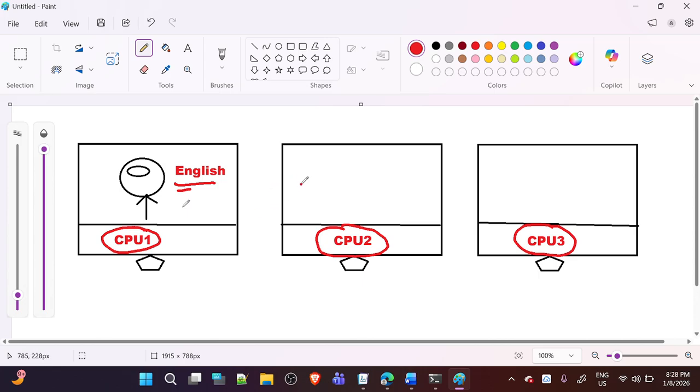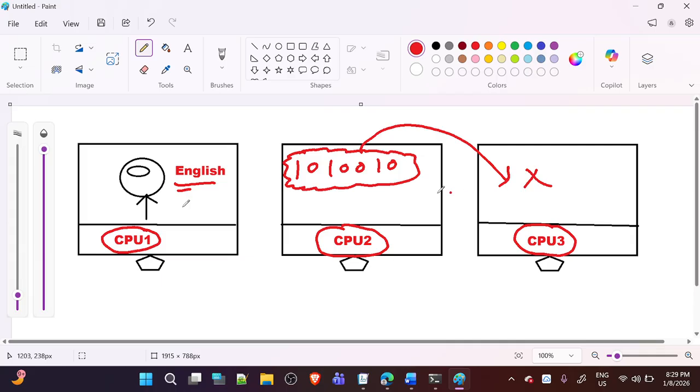So we are talking about machine language. For example, I am writing here machine language instructions. Machine dependent means these instructions you cannot execute on CPU 3, because these machine instructions cannot be understood by CPU 3. For example, if this machine understands Hindi, that Hindi language cannot be understood by the English person.